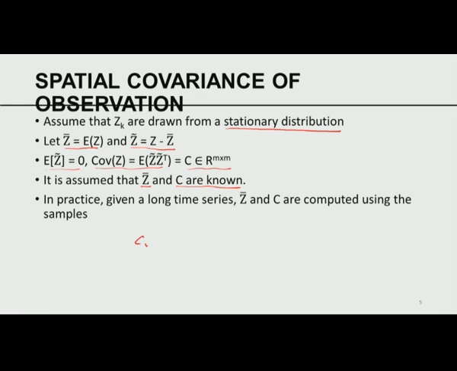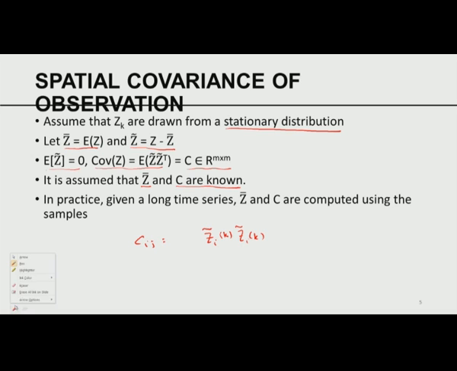Let us say Cij. I'm fixing the time right now, so time k is fixed. I have a time series of anomalies at station i with respect to k. So Zi tilde k is the anomaly at the kth instant in time at the ith station. These are scalars.